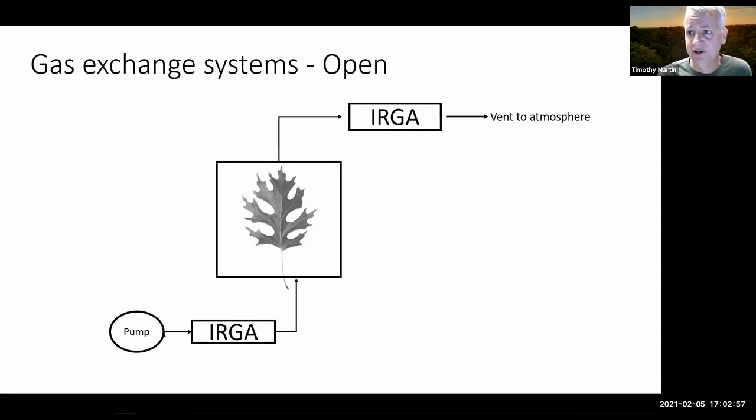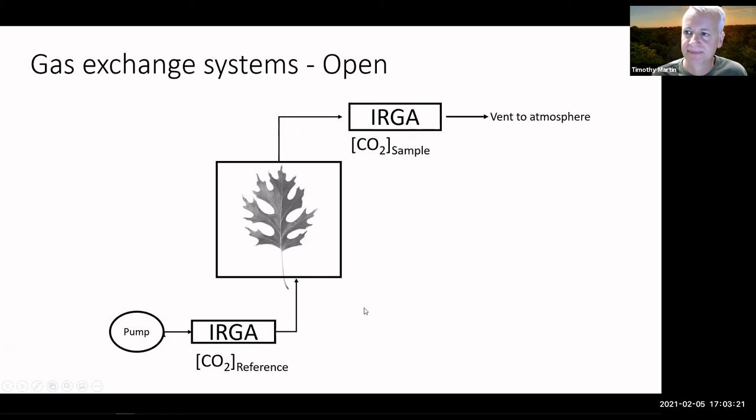We have the ability to do that in an open system like this. In an open system like this, the signals from these two infrared gas analyzers have different names. CO2 reference and CO2 sample is what we might call them.